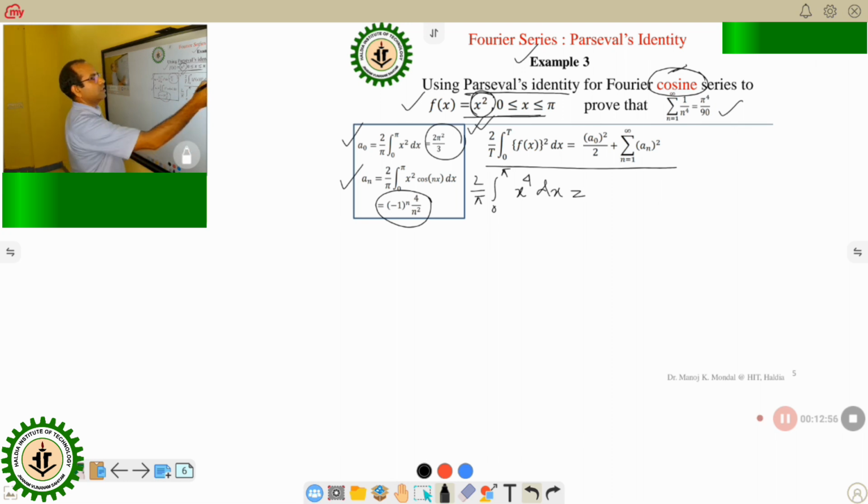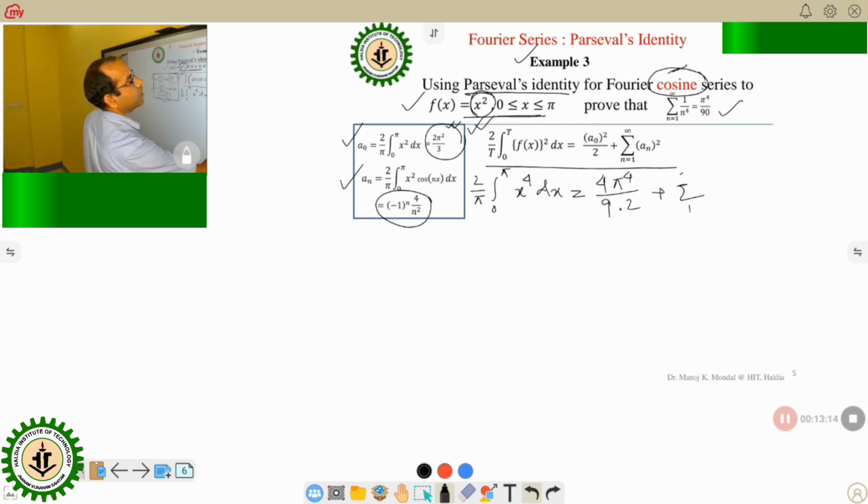And on the right hand side, a0 square by 2. a0 square means 4 pi to the power 4 divided by 9, into 2, plus summation n equals 1 to infinity an square. an square will be 16 by n to the power 4.